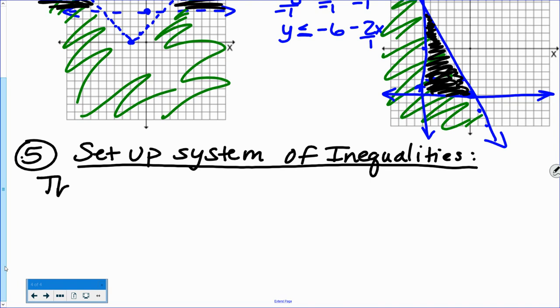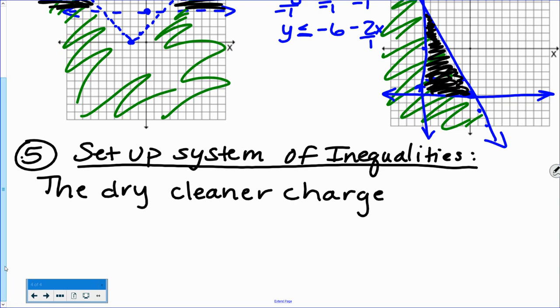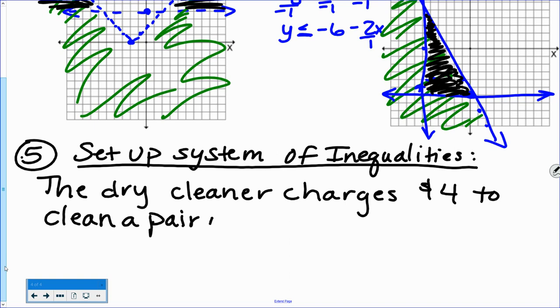So for example, the dry cleaner charges $4 to clean a pair of pants and $3 to clean a shirt.